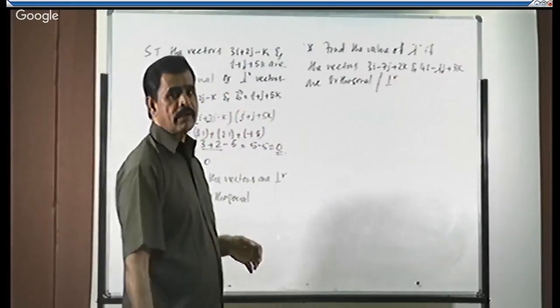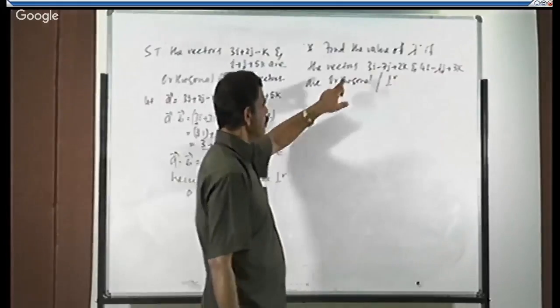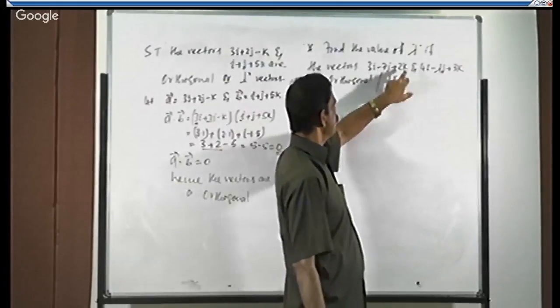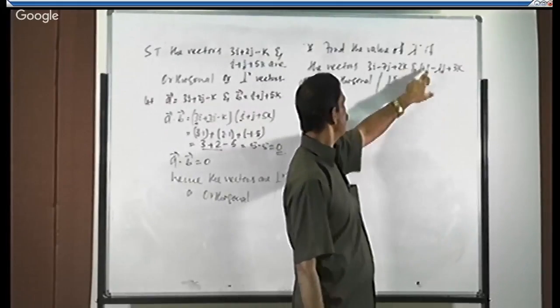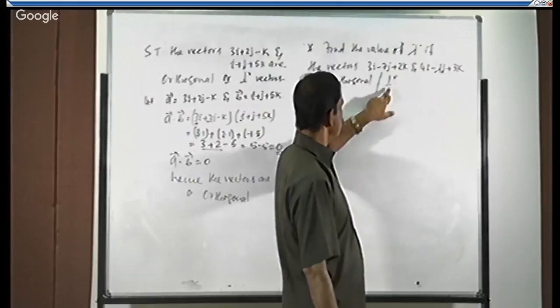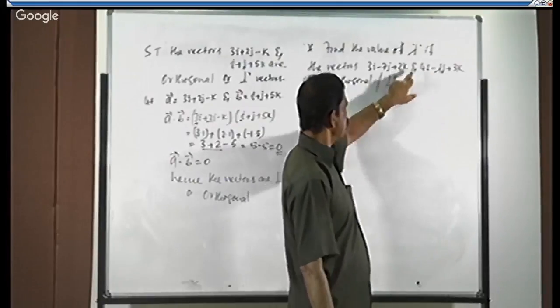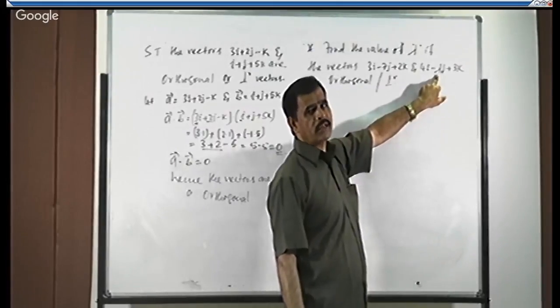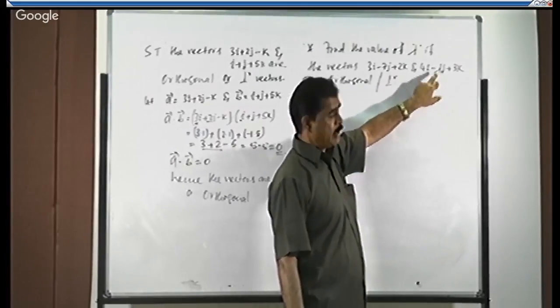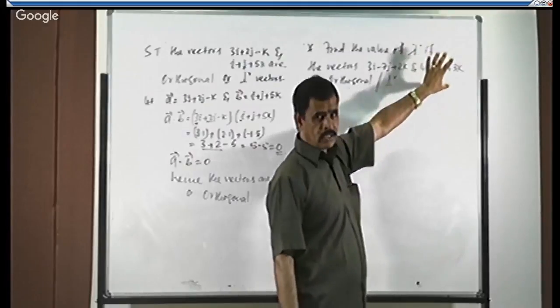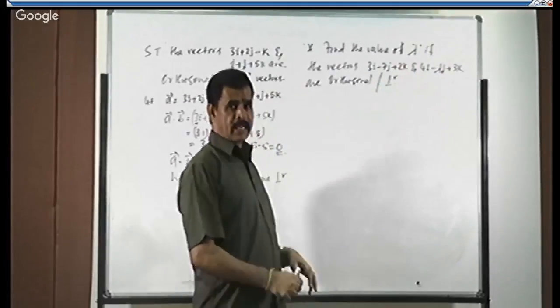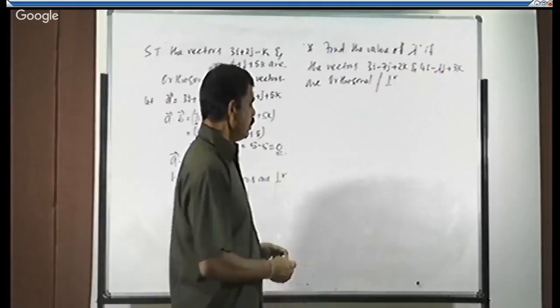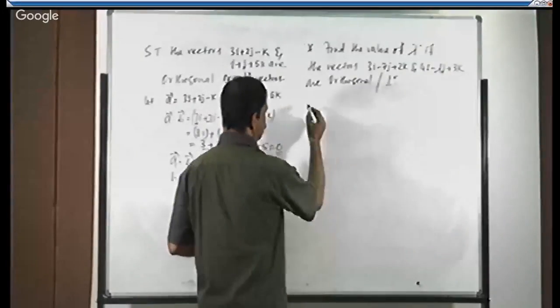There are two vectors which are perpendicular, right? Vector B, which are orthogonal or perpendicular. So in these two vectors, one unknown is there, the unknown lambda, whose value is to be found. The value of lambda should be obtained based on the condition of orthogonal vectors, right?